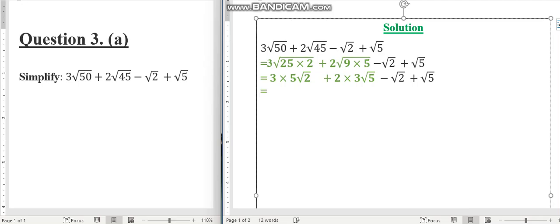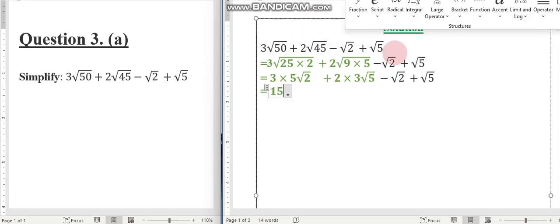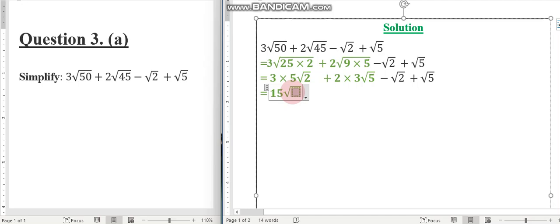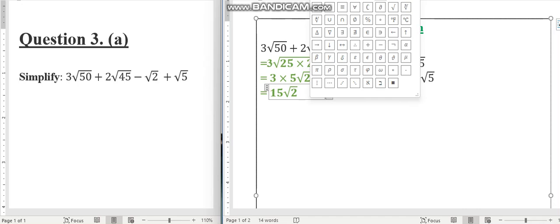Okay, so in our next step, we are going to multiply the 3 and the 5, which will give us 15 root 2, because 3 times 5 will give us 15, and then we have the root 2. And then the next thing is this side, which is 3. 2 times 3 will give us 6.